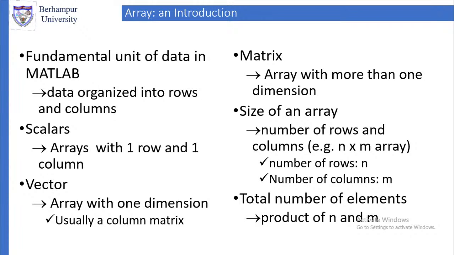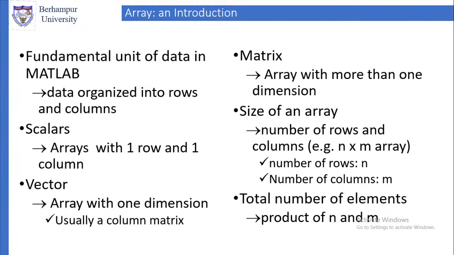The size of an array represents the number of rows and the number of columns. If you have an n cross m array, there are n rows and m columns. Rows come first, columns come second. Remember this: n rows, m columns.